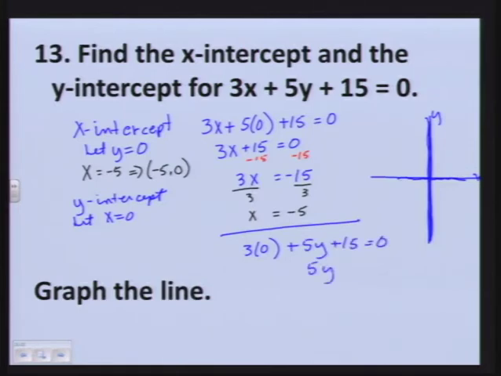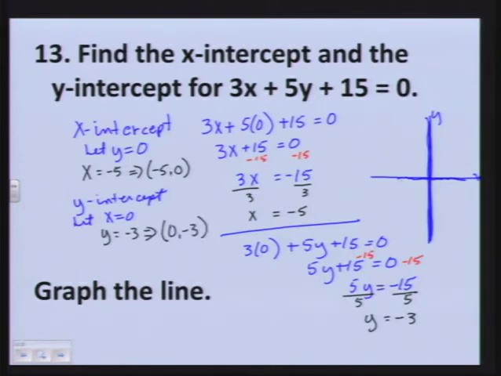So we have 5y plus 15 equals 0. Subtracting 15 from both sides, I end up with 5y equals -15. And dividing both sides by 5, I end up with y equals -3. So the y-intercept is y equals -3, which implies that we will graph the point 0, -3.